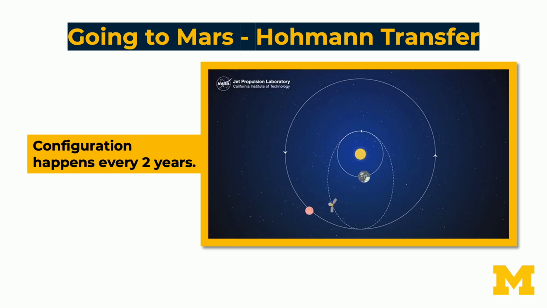It stays with Mars. Now, if you notice, Earth and Mars have to have a very specific position, and so there's only like a 2 or 3 week window every 2 years in which this happens. So if NASA wants to go to Mars, they have to launch within this window every 2 years.